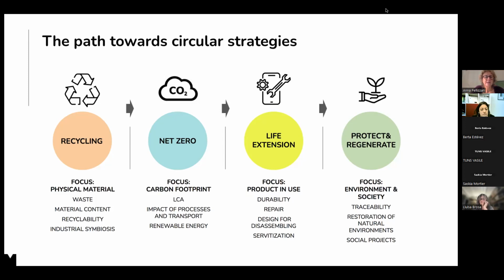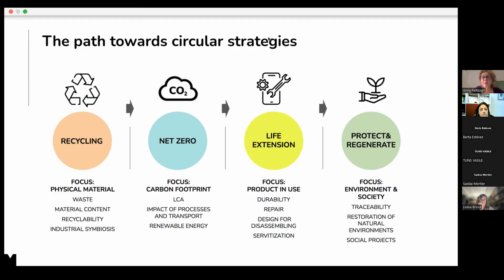Normally these types of strategies that address recycling are more applied to disposables, to materials like single use packaging, etc. The strategies are more about waste, the material content, so reducing the quantity of material, recyclability, even industrial symbiosis, so exchanging, let's say, what's a waste for me can become a resource for someone else. So it's a material recovery.